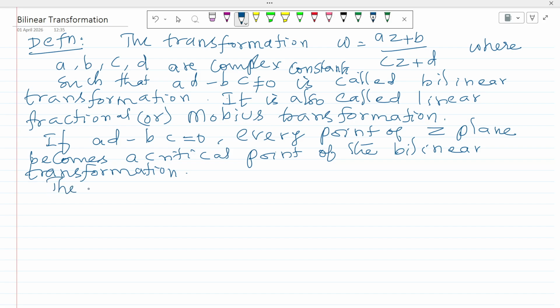The term AD minus BC is called the determinant of the bilinear transformation.